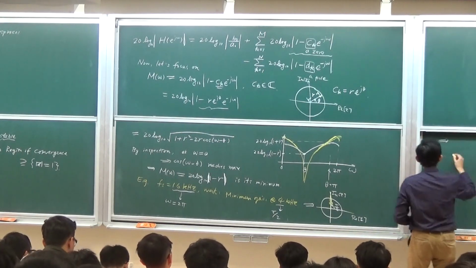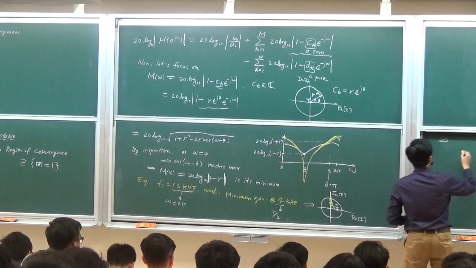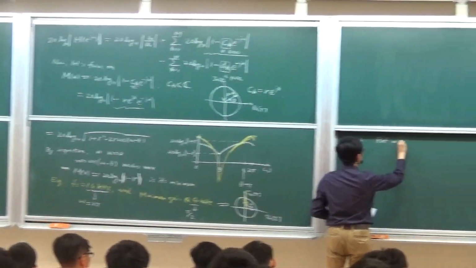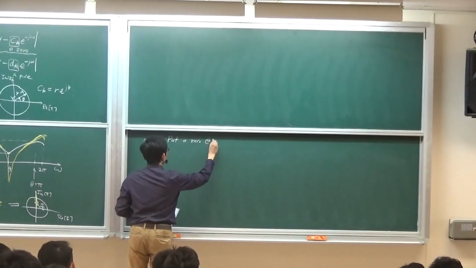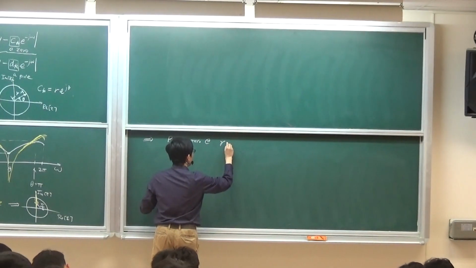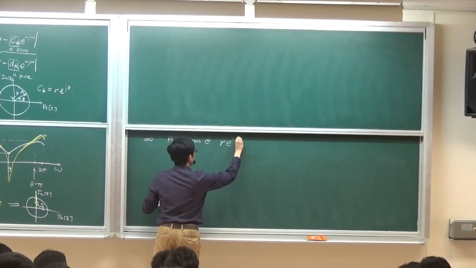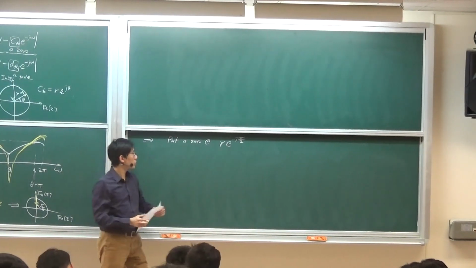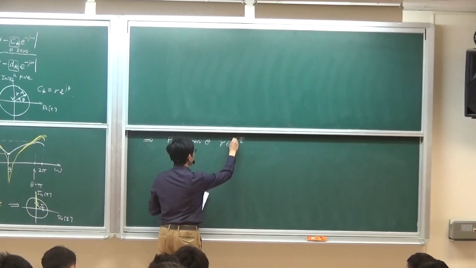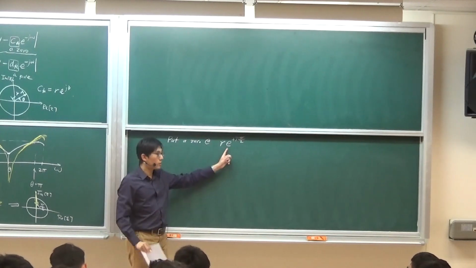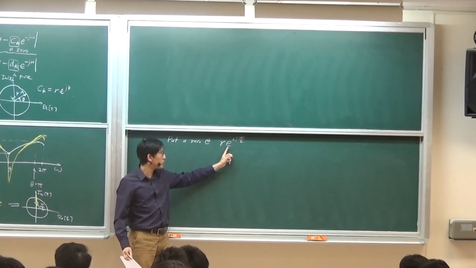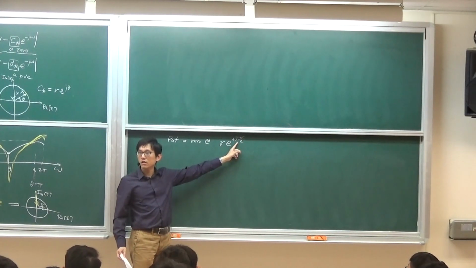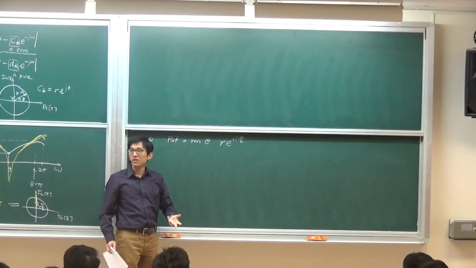So now let's say we are suggesting you to put a 0 at r e to the j pi divided by 2. Okay? What is e to the j pi divided by 2? j, right?